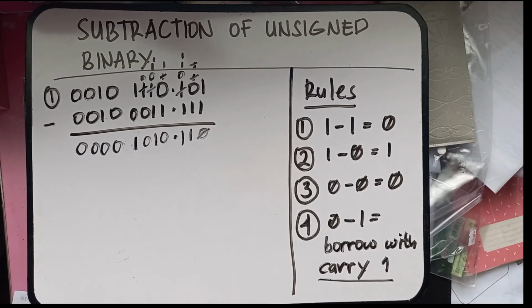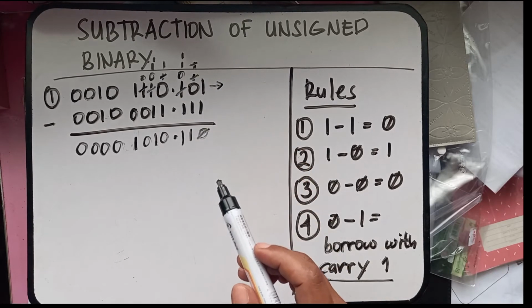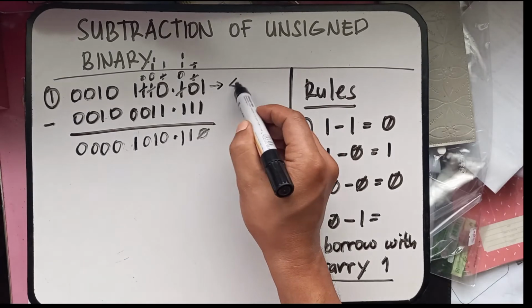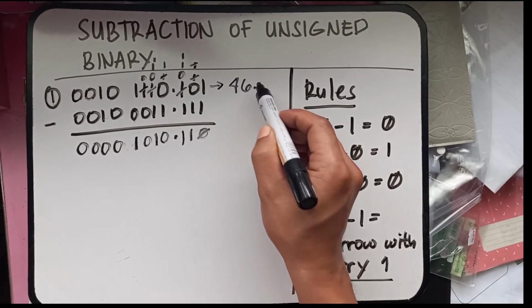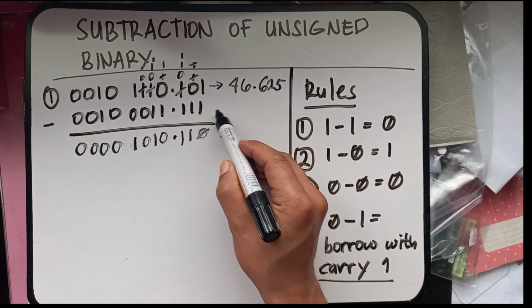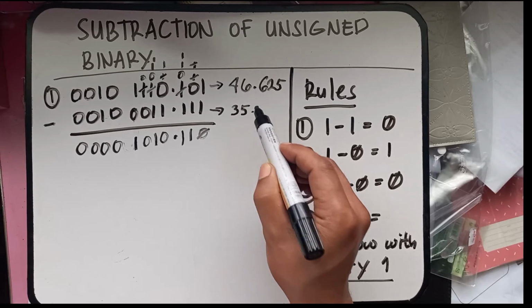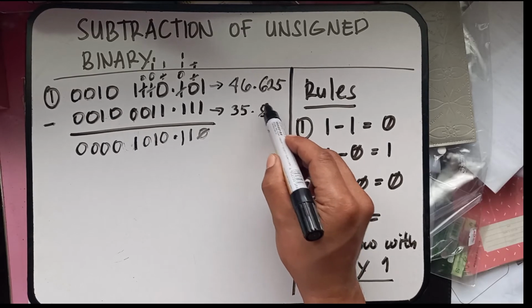Alright, so let's check the equivalent of this in decimal. So this is basically 46.625, and this one is 35.875.